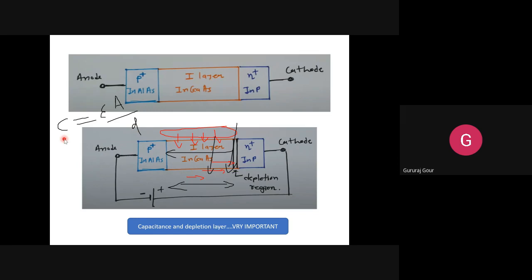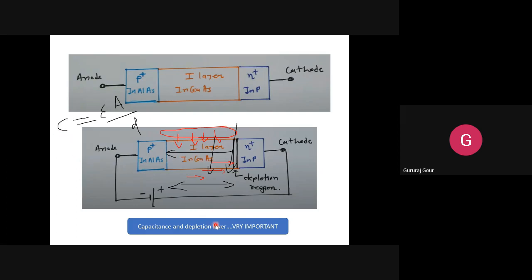This is very important. There is no leakage. Understood? We prefer to operate the PIN diode in the reverse bias mode because it increases the light absorbing region, that is the depletion or intrinsic layer region, so that more photons are absorbed and we get more photocurrent. Moreover, increase in depletion region will not result in parasitic or leakage capacitance, because the distance d between these two plates will increase, so capacitance will decrease.